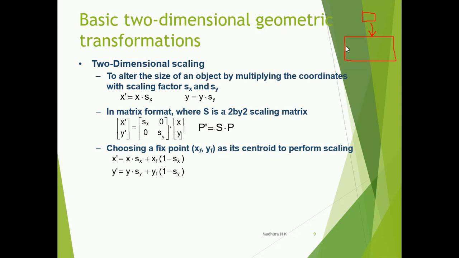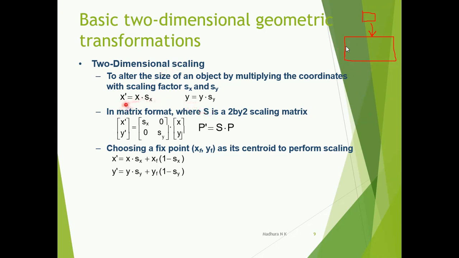To alter the size of an object, you multiply the coordinates with the scaling factors sx and sy. How do you get the values of the scaled object? That is using the formula x dash and y dash.